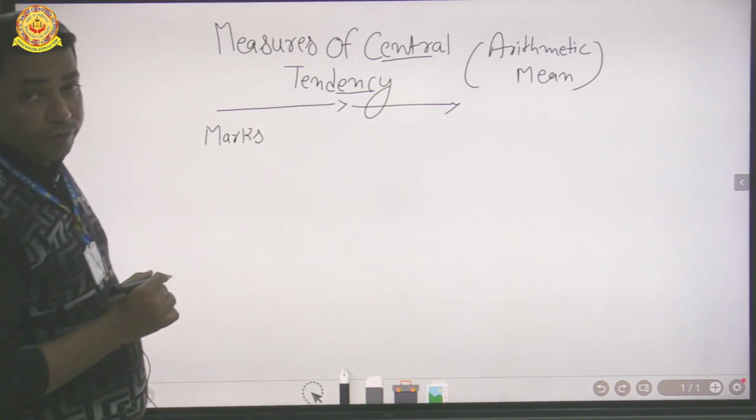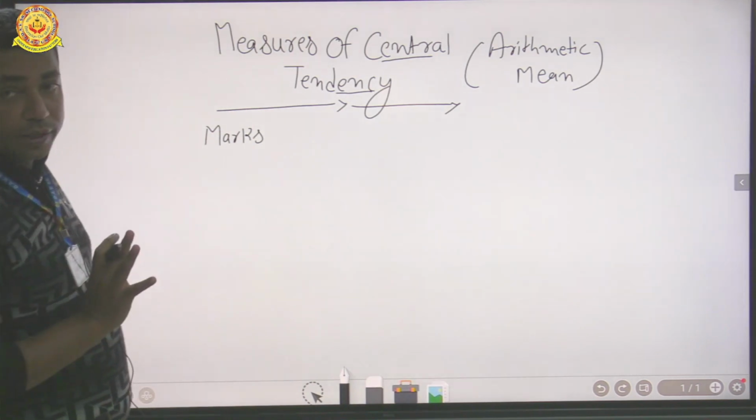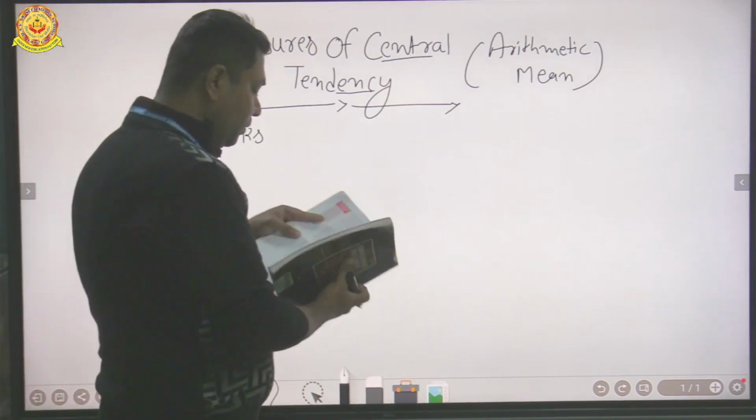Suppose the marks of 10 students are given to you. In the question, marks of 10 students are given to us.